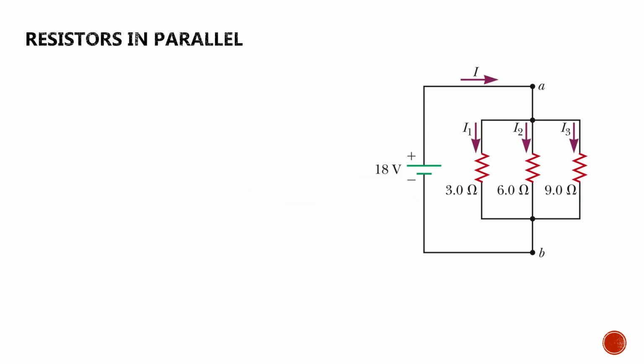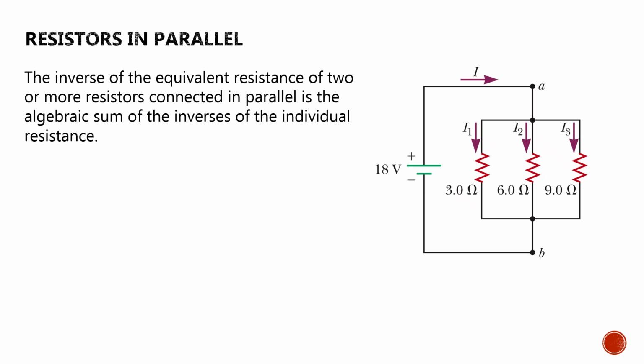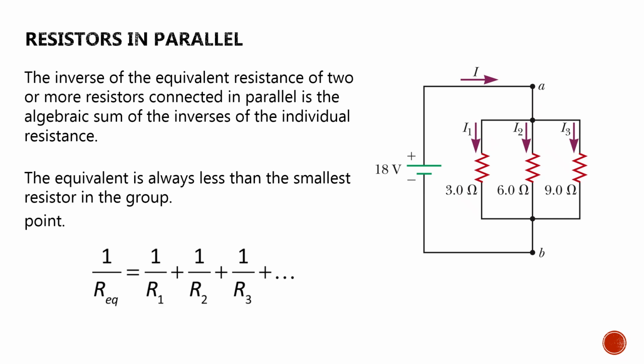Since the equivalent resistance is the summation of the reciprocals of the individual resistances, we can say that the equivalent is always less than the smallest resistor in the group.